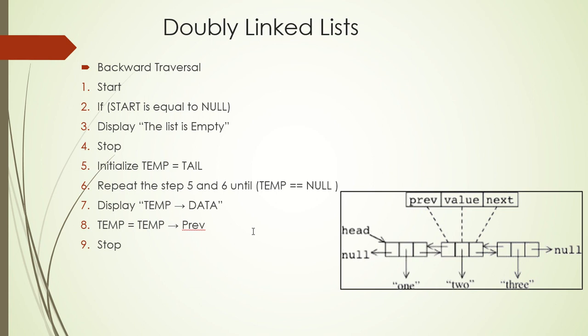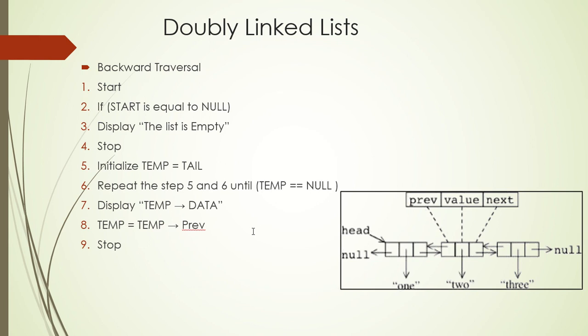What you do is start from the last node. If the last node address is not known, you have to make a forward traversal, go till the end, and find out the address of the last node. Once you get it, you can start a pointer from there and use the previous link fields to advance the pointer.